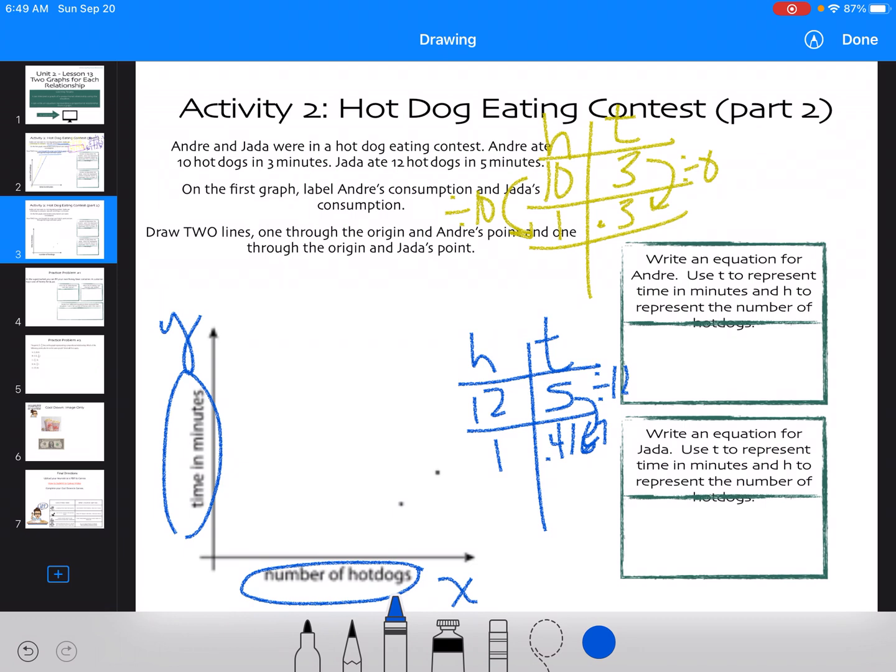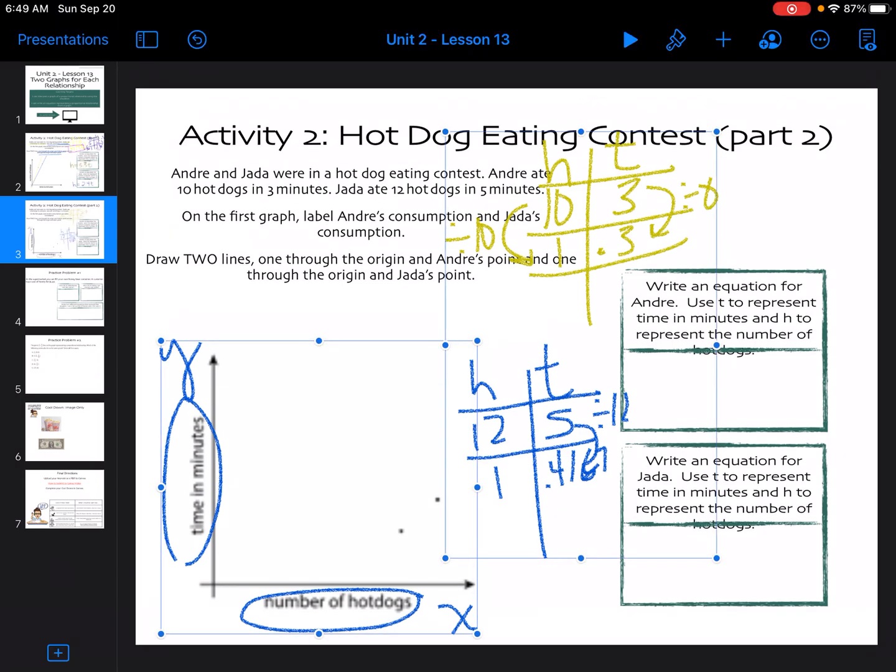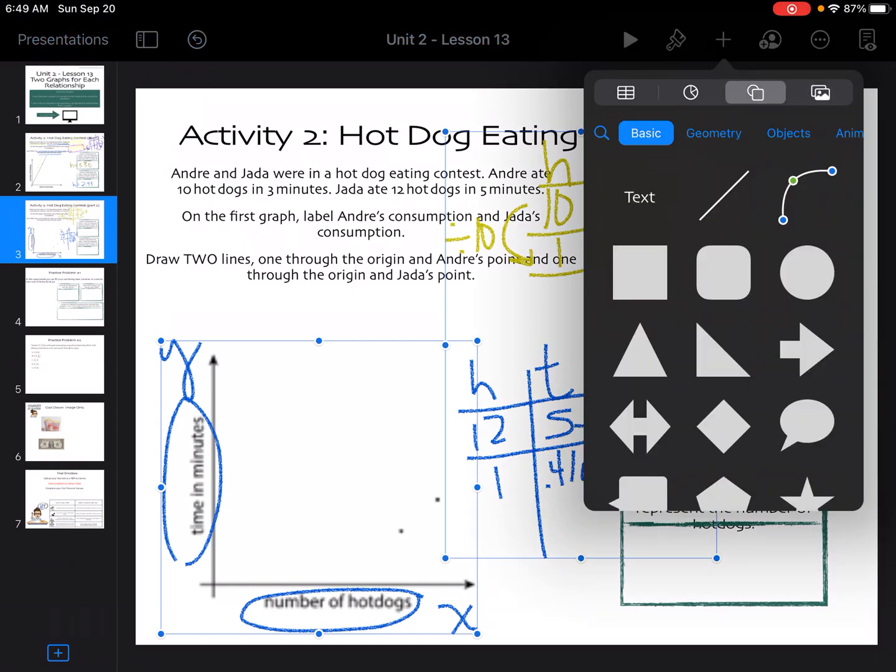Okay, so it says, which graph is whose? So I'm going to use my line again.